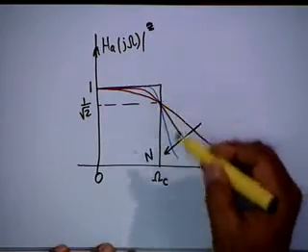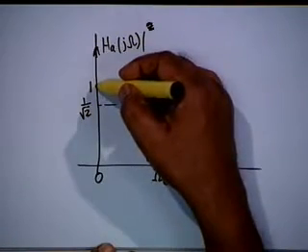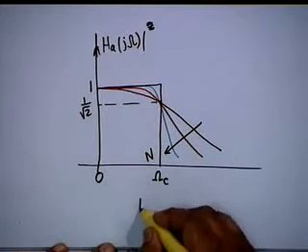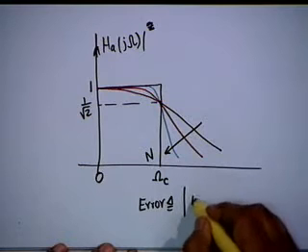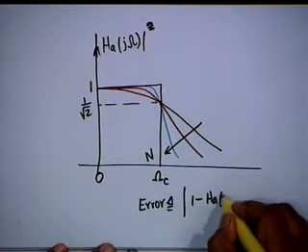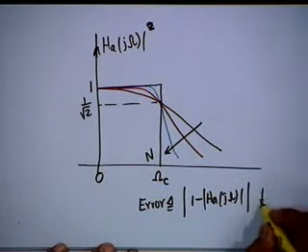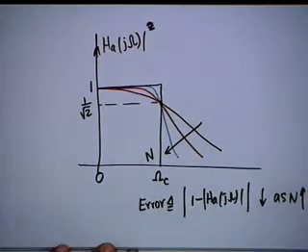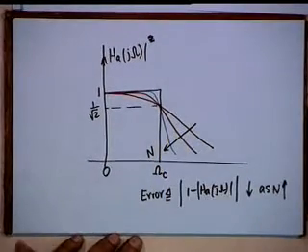So all of them meet at omega c, the value being 1 by root 2, all of them meet at omega equal to 0, and if that occurs, then obviously the error defined as 1 minus magnitude of H a of j omega, that decreases as the order increases, all right. The error, by error we mean error in the pass band as well as the stop band.